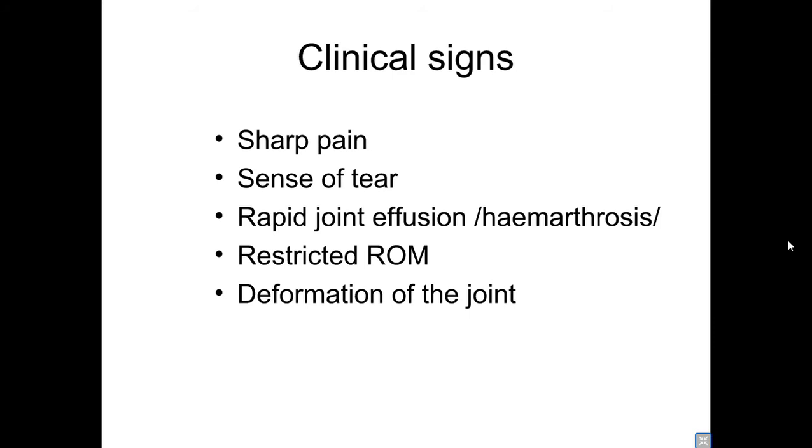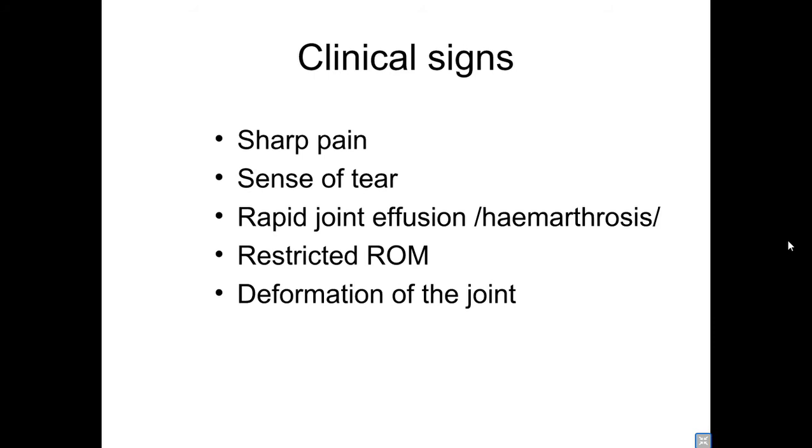The joint becomes effused rapidly because of hemarthrosis, and pain and effusion will restrict significantly the natural range of movement. Sometimes we could detect deformation of the joint, especially if there is a complete tear of some ligaments, or if there is additionally a fracture around the knee.